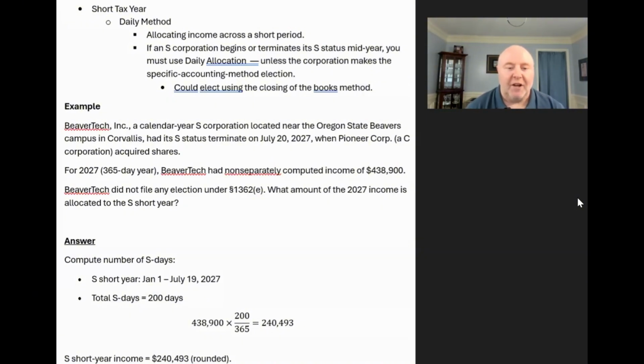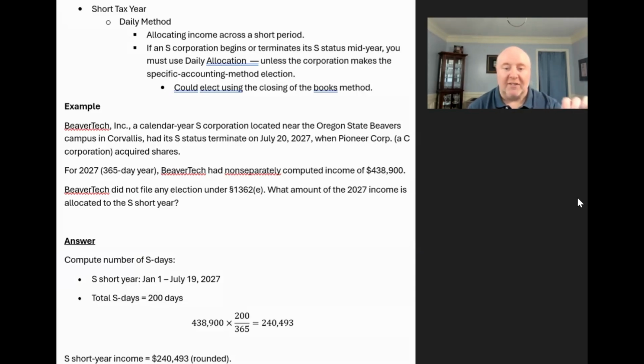So we have Beaver Tech Inc., a calendar year S corporation located near Oregon State campus. Its S status terminates on July 20th, 2027, when Pioneer Corp, a C corporation, acquired the shares. So we know on July 20th that a C corporation bought shares into Beaver Tech, our S corp, and that was an involuntary termination that automatically terminated it.